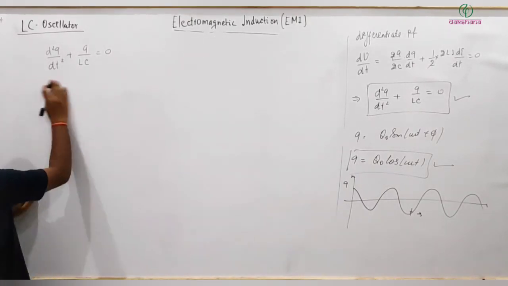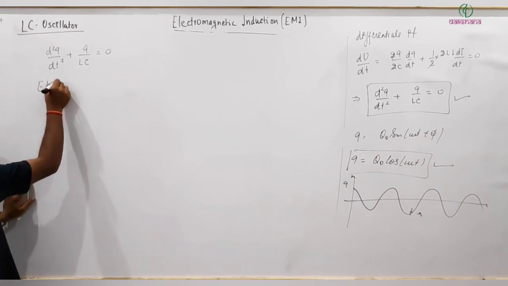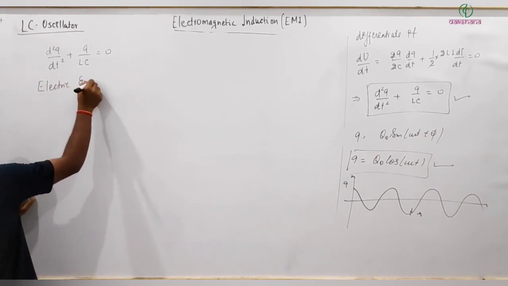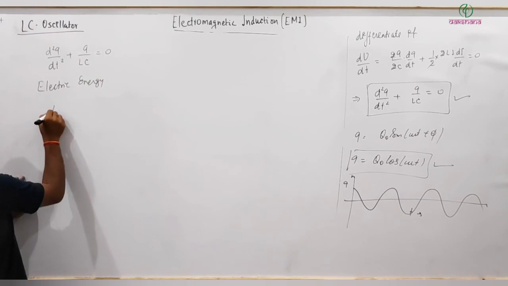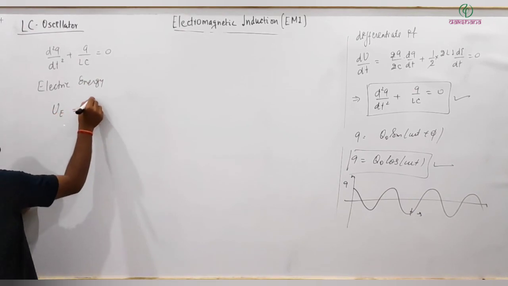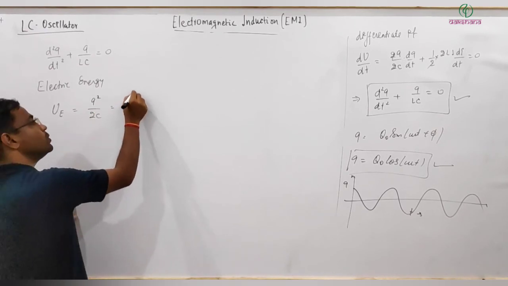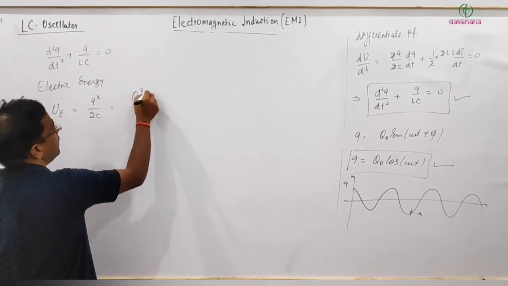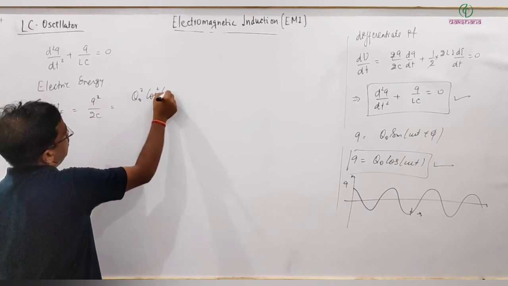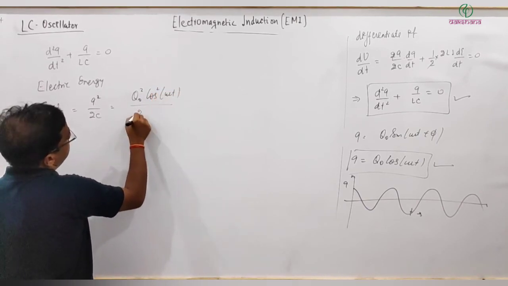So electric energy, this is given by U_E is equal to Q square divided by 2C. Q is equal to Q naught cos omega t, so this is Q naught square cos square omega t divided by 2C.